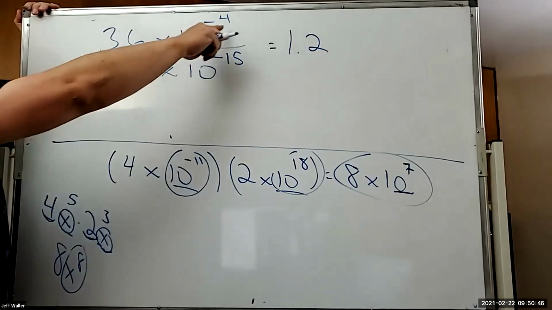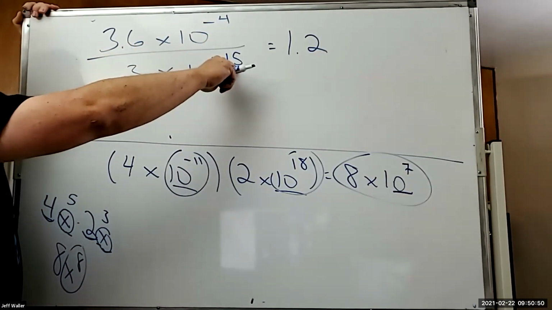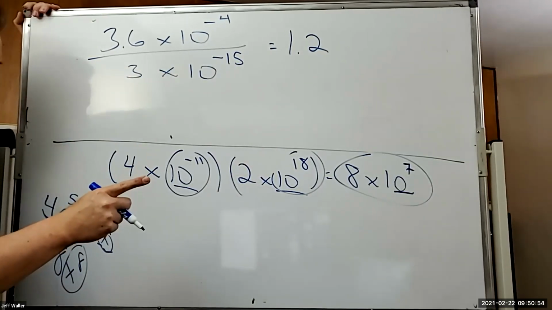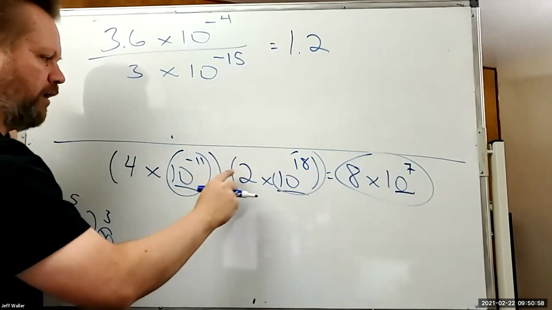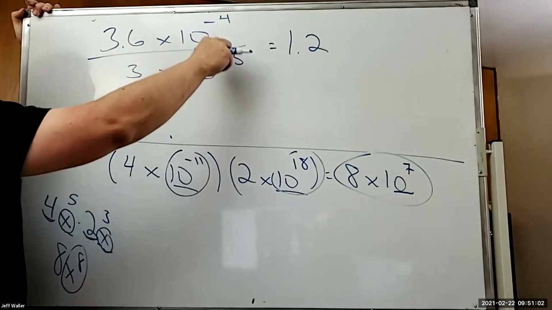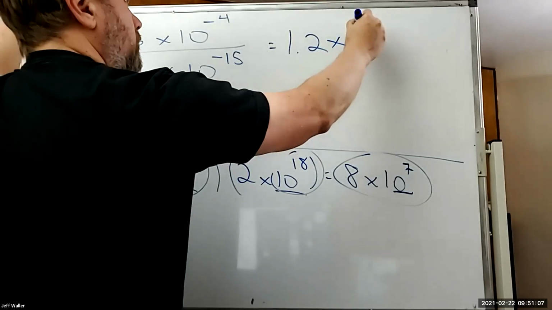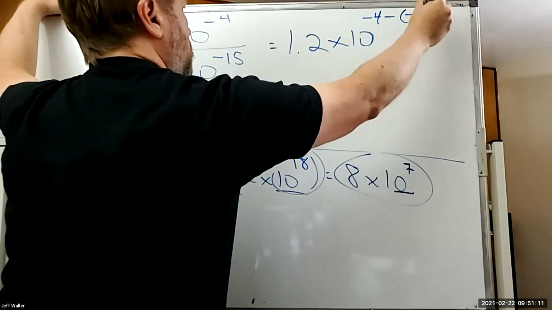But what do I do here? Do I add these powers? You divide the powers. No, subtract the powers. Yes. Here I didn't multiply the powers, did I? I added them. So when I multiply things with powers, I add the powers. When I divide things with powers, I subtract the powers. So watch what I can do for myself. 10 to the negative 4 minus negative 15.